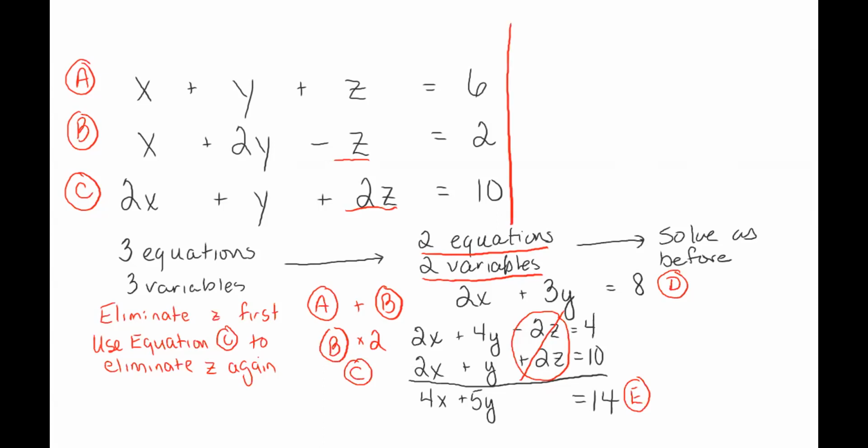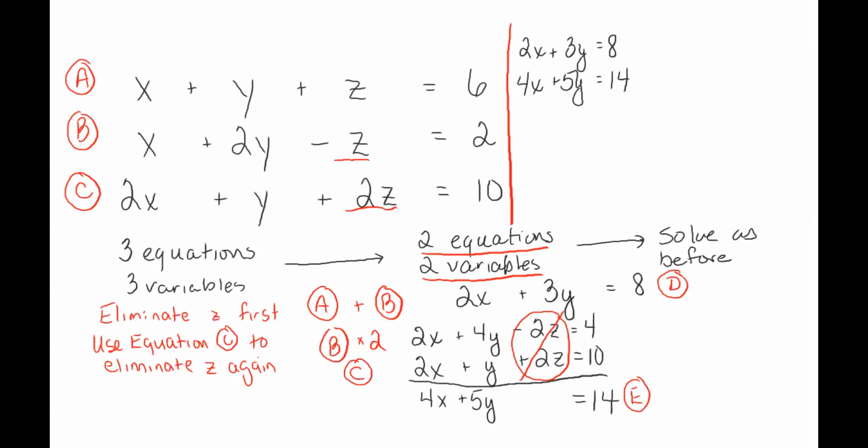So let's jot these up here again. 2x plus 3y equals 8, and 4x plus 5y equals 14. We're back to a 2-by-2 equation.